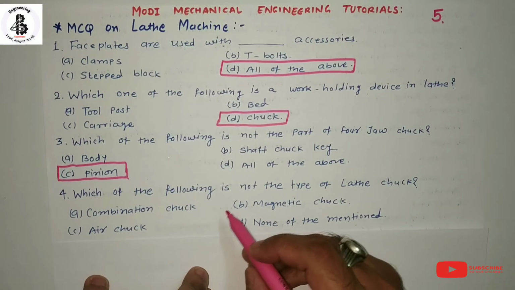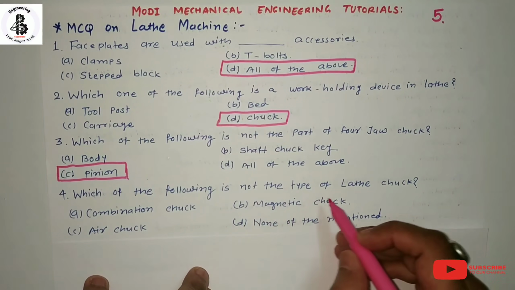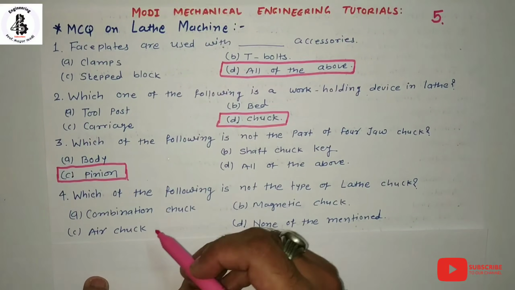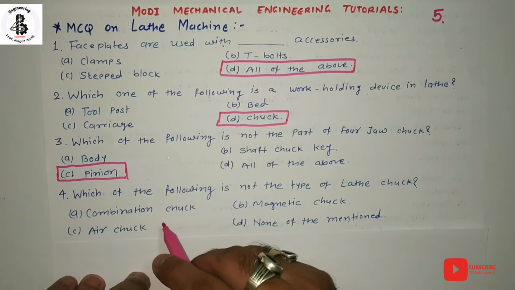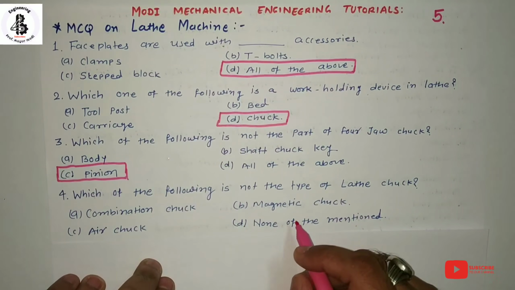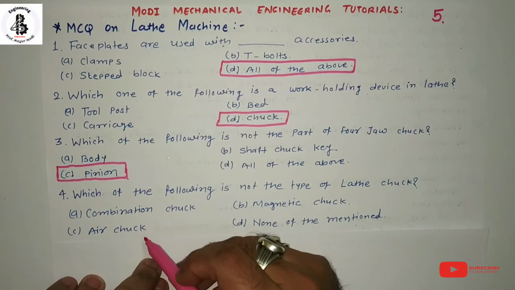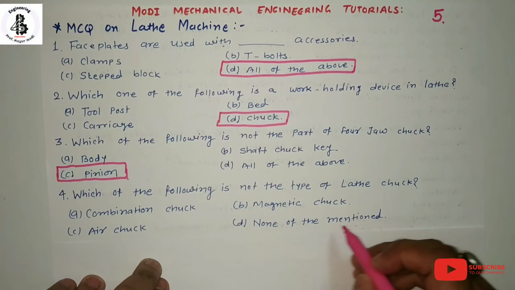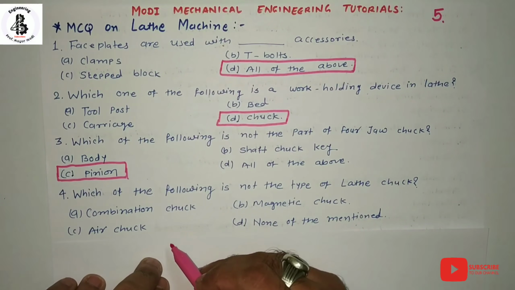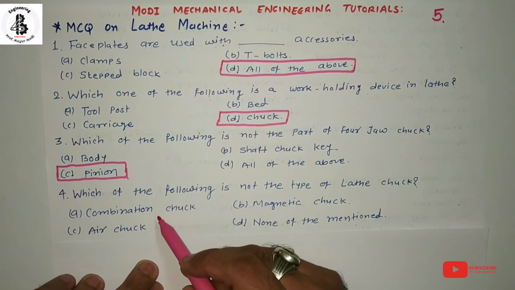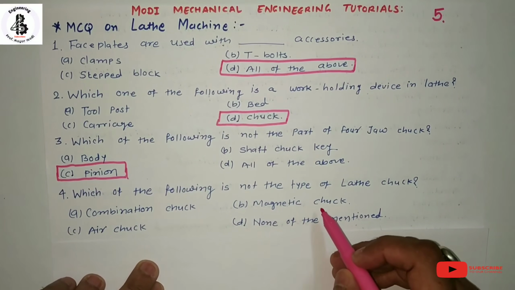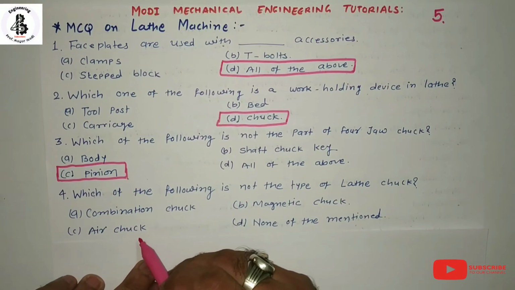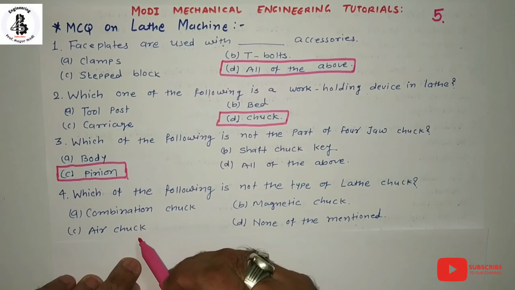Which of the following is not a type of lathe chuck? Option A, combination chuck, option B, magnetic chuck, option C, air chuck, option D, none of the mentioned. Basically, among the types of chucks are the combination chuck, the magnetic chuck, and nowadays for CNCs, the air chuck.